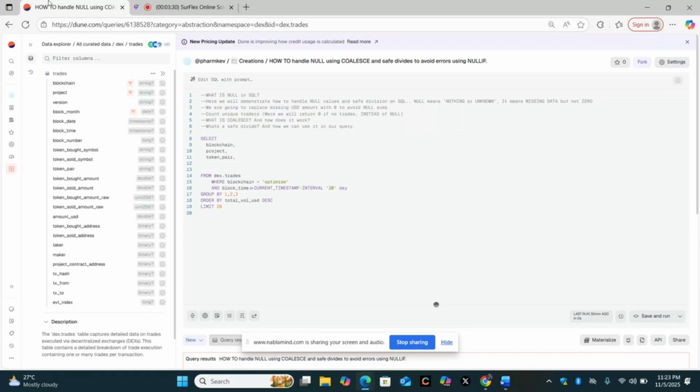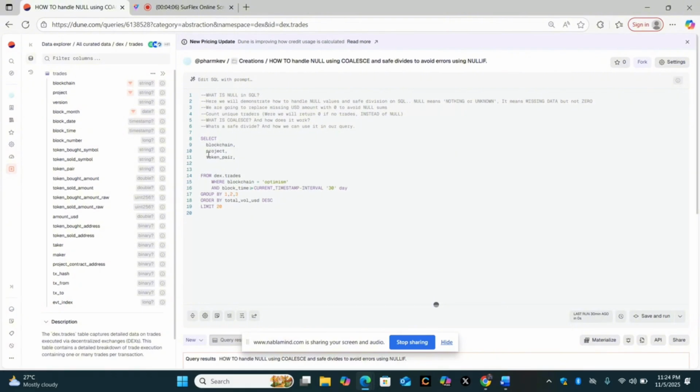The purpose of this query is to find the total USD value for each token pair on a given project, because in this query we have chosen to work with the Optimism blockchain. Optimism has different projects under it and token pairs that are traded.